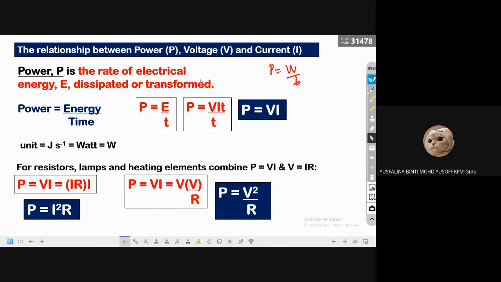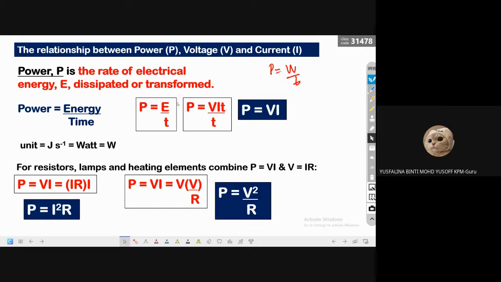If you need heat or light, you need another form of energy, so you need high resistance. A high resistance produces high energy loss, and that energy loss is converted into heat energy or light energy. So power is the rate of electrical energy dissipated or transformed. This is the formula, energy divided by time.